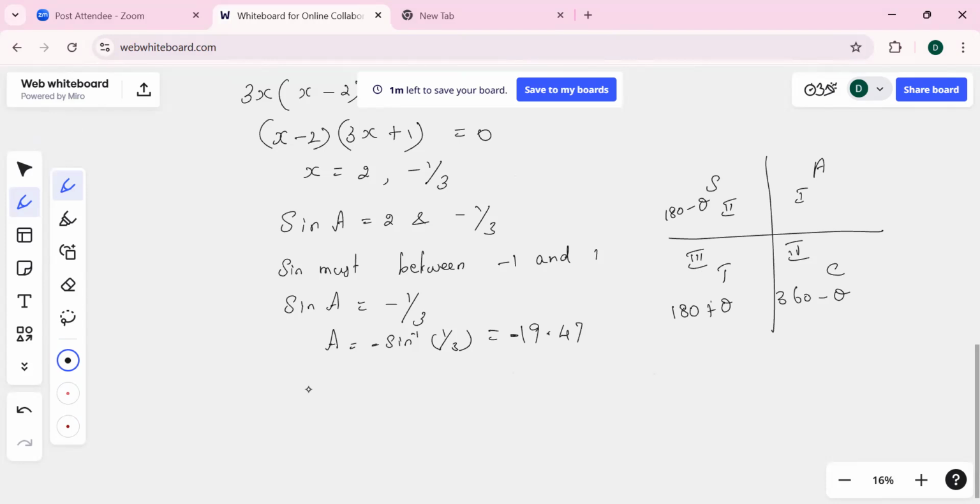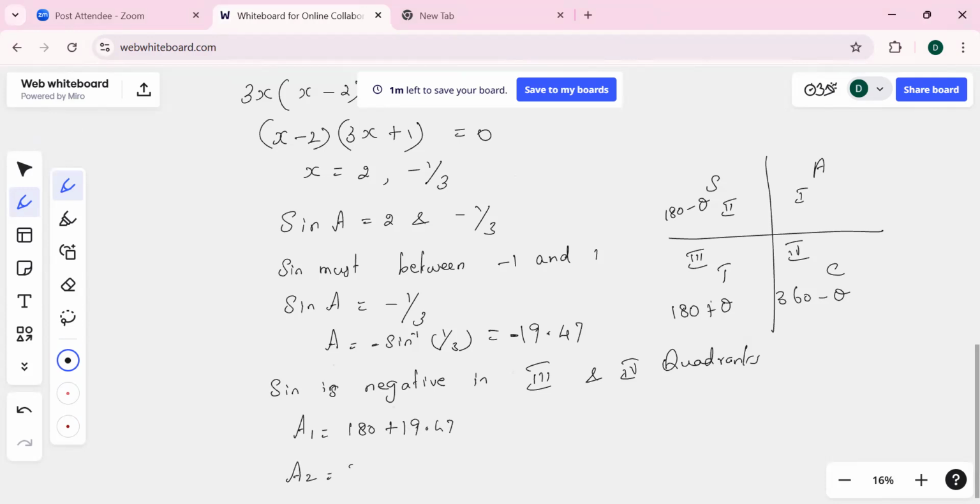But sine is negative in the third and fourth quadrants. So we are going to find the values: A1, which is 180 plus 19.47, which is 199.47 degrees.